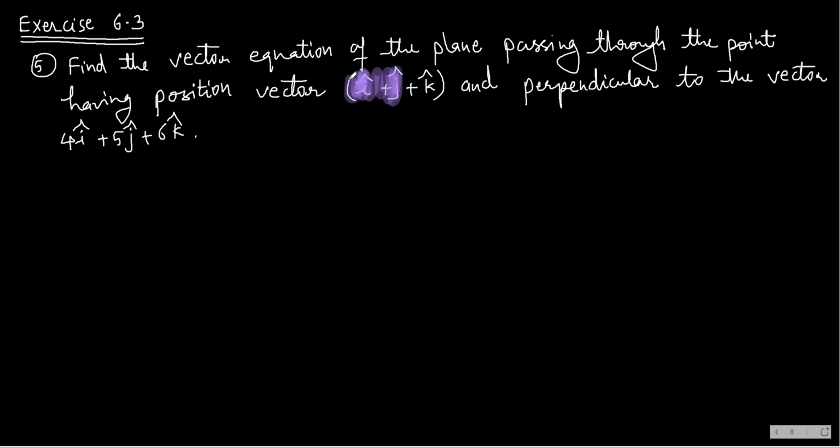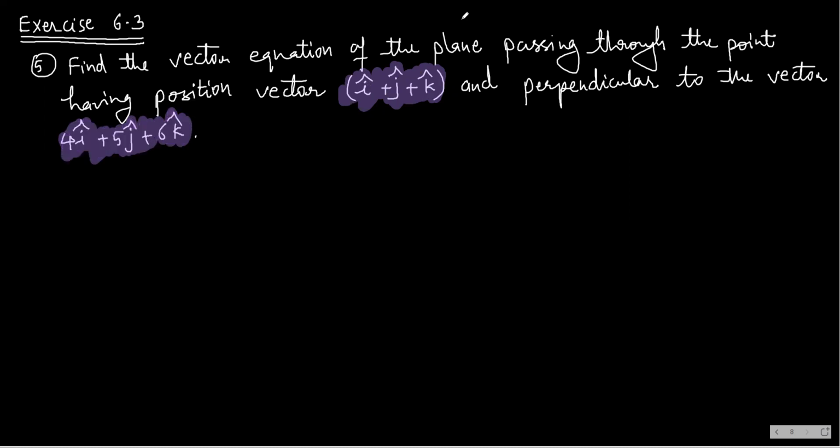This is the position vector of the point through which our plane is passing, or in other words, this is the point on the plane whose position vector is given, and perpendicular to the vector. This is the vector to which our plane is perpendicular.